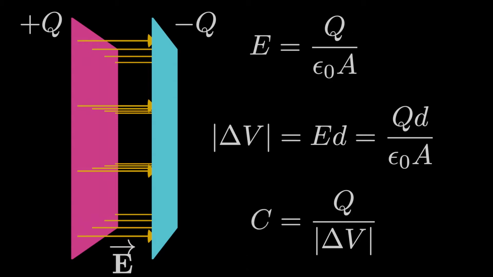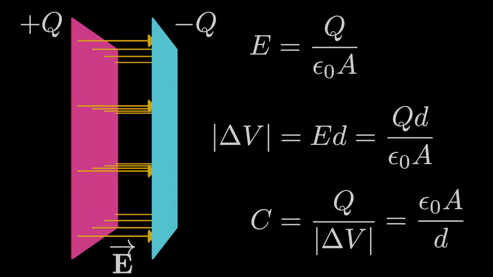Up there we have charge and potential difference in the same equation. So if we rearrange it a bit, we can end up solving for Q over delta V, which is the capacitance of this two-plate configuration. That's how capacitance is defined. The capacitance then is epsilon naught times A over D. A here is the area of one of the plates, and D is the distance between the two plates.